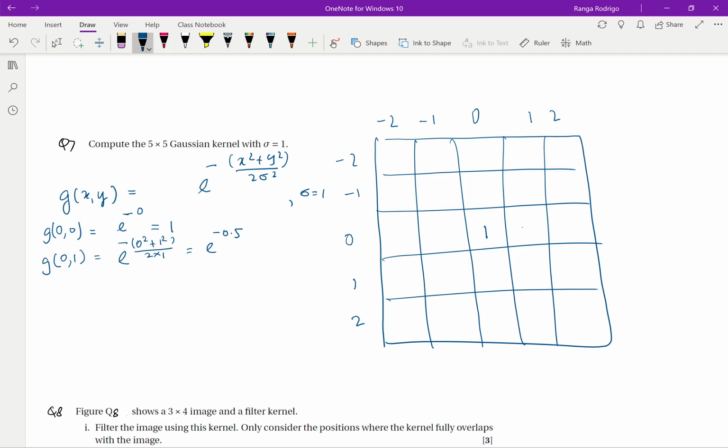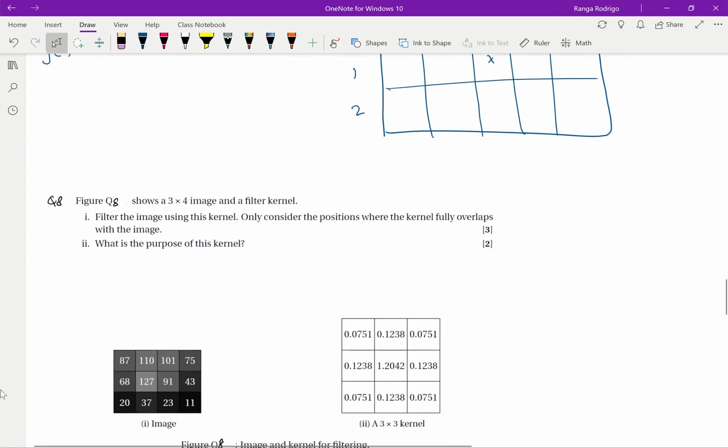So you can see for this location, this location, this location, and this location, for all four you get the same value because it's just one index here. So you notice that if you just briefly think about it.